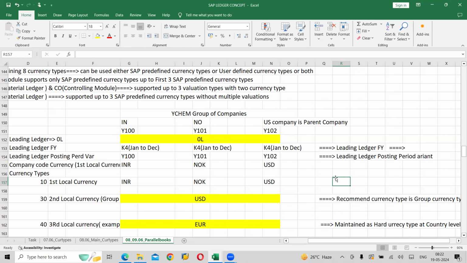For Y100, the Indian company, what would be my 0L ledger currency? INR. And Norway? NOK. And the US? USD. Clear?